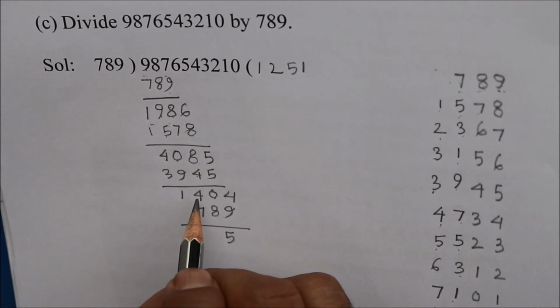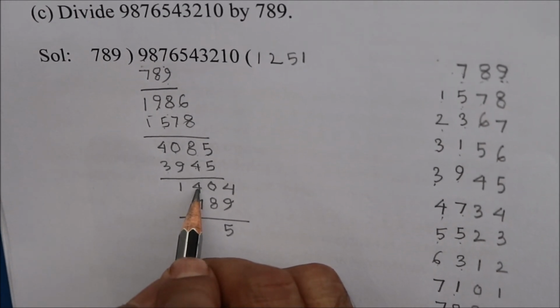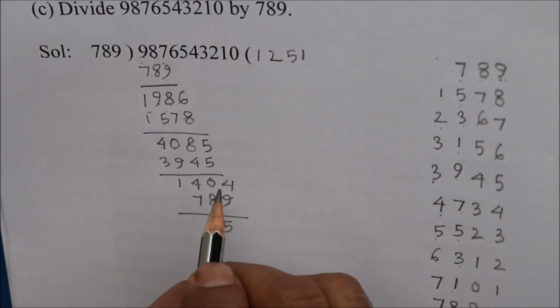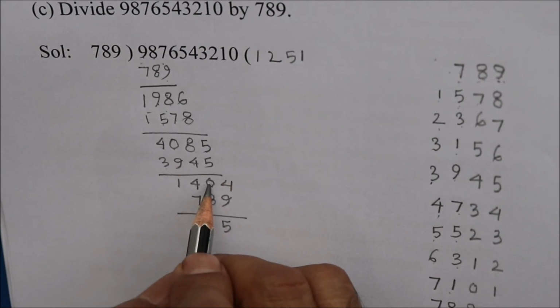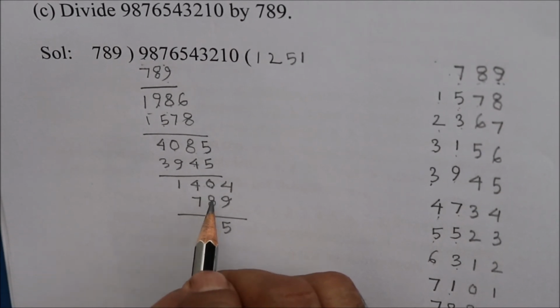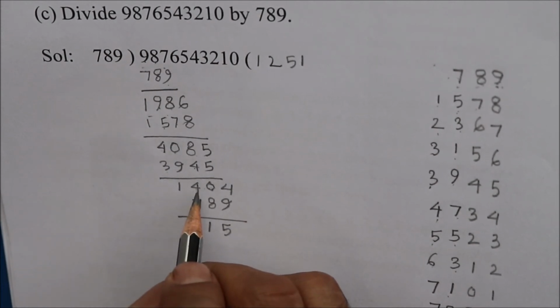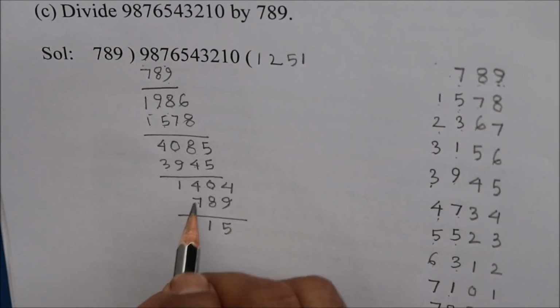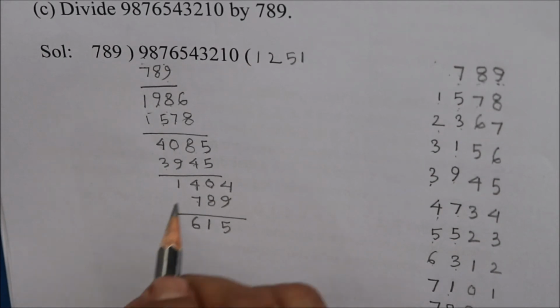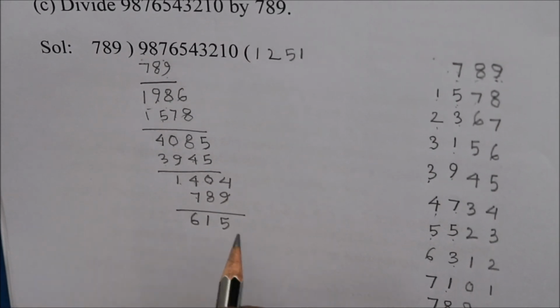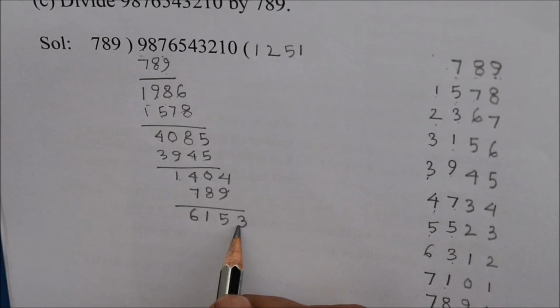Borrow 1 from 4. 0 becomes 10. Then minus 1, 9. 9 minus 8, 1. 4 minus 1, 3. 4 more, 6. 1 minus 1, 0. Bring down the next digit, 3.